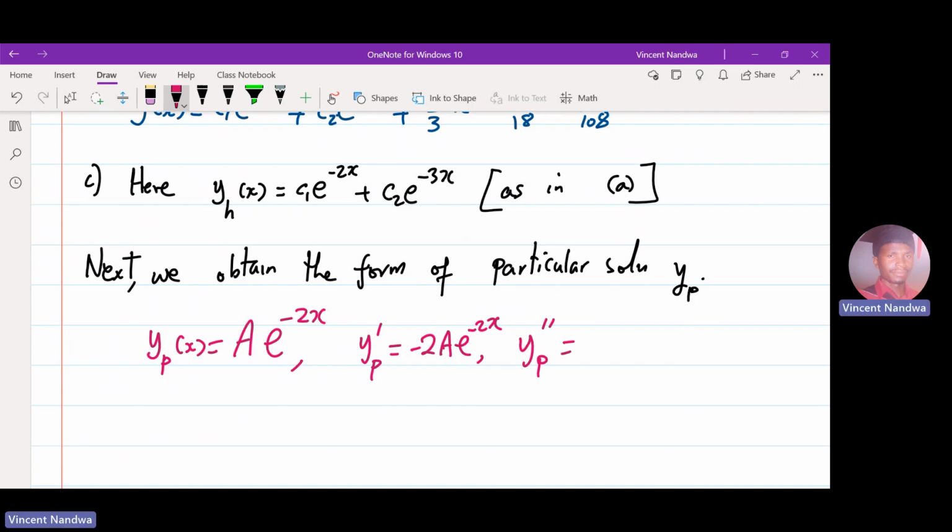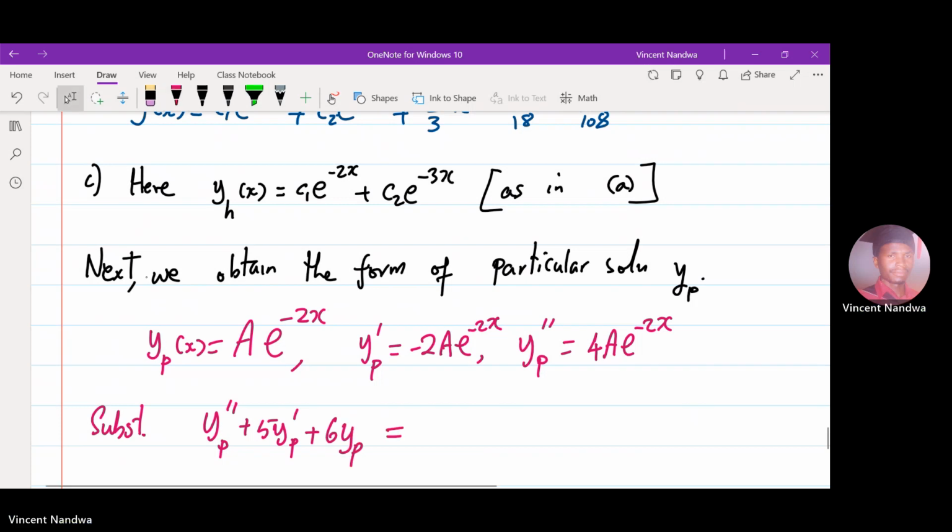Then yp double prime becomes positive, yeah. Okay. So I want you to do the remaining part. So do the substitution. Substitute so that you have yp double prime plus 5yp prime plus 6yp. What do you get?